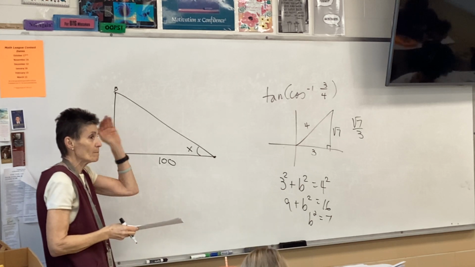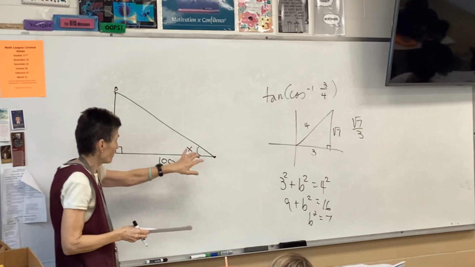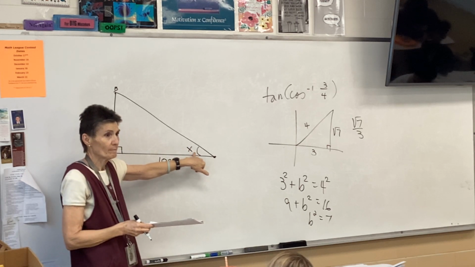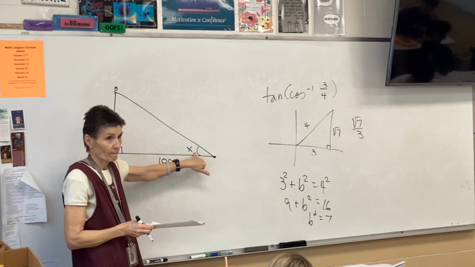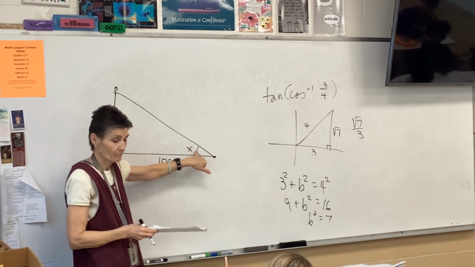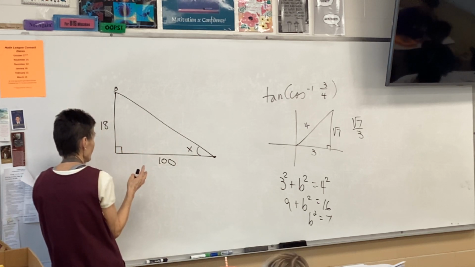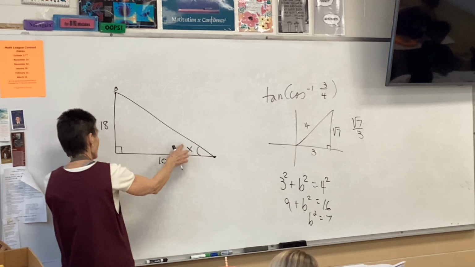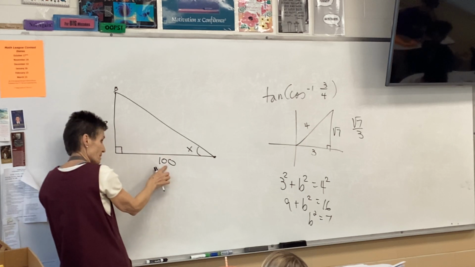Now, you need to remember the key things we talked about when we did this before. Remember how our angle of elevation or depression always goes right here. This is where you put your angle. Then you have to look at your scenario. This is the angle. Which side is this? Opposite, adjacent, or hypotenuse? Opposite. Which side is this? Adjacent.